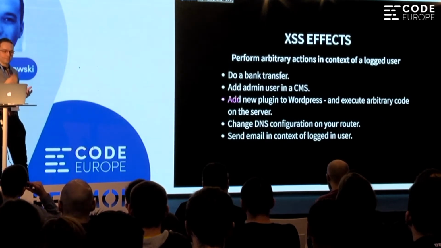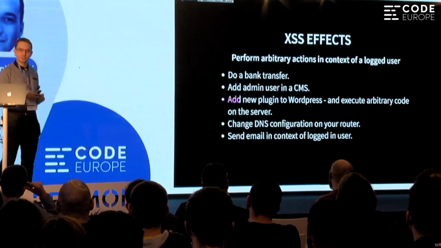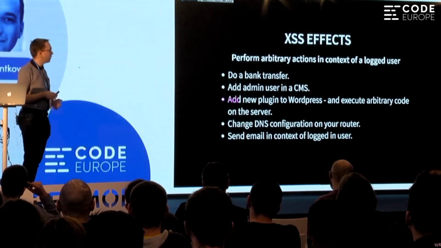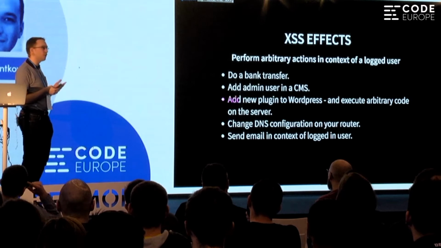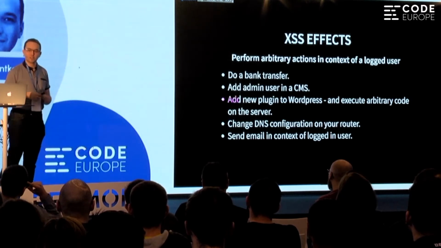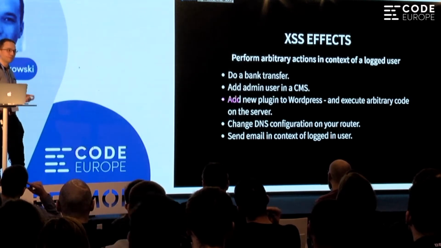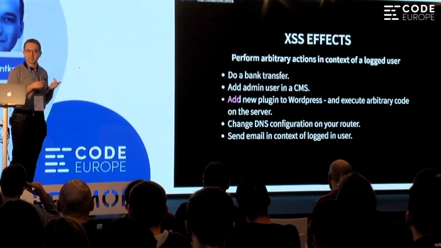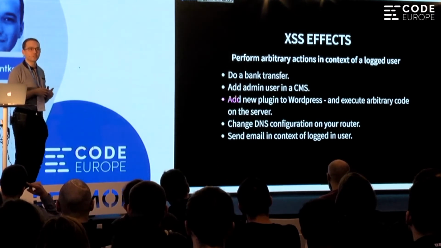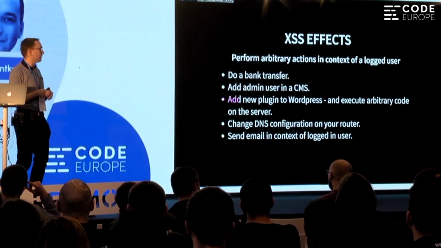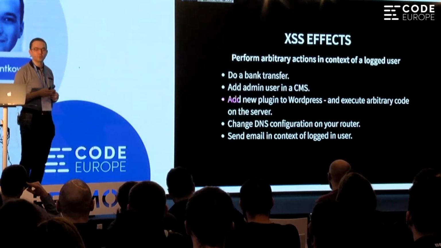So basically, you can perform arbitrary actions in the context of a logged user. It, of course, depends on what kind of application you found the XSS in. But you can do a bank transfer. You can add an admin user in the CMS. You can add a new plugin to a WordPress application, which makes it possible to execute arbitrary code.